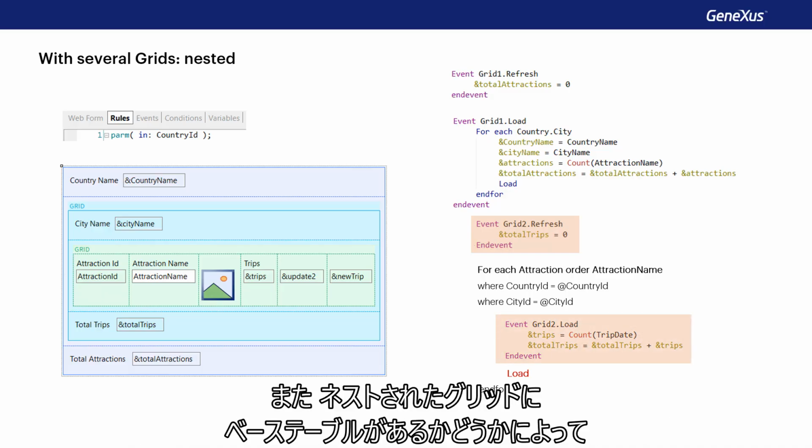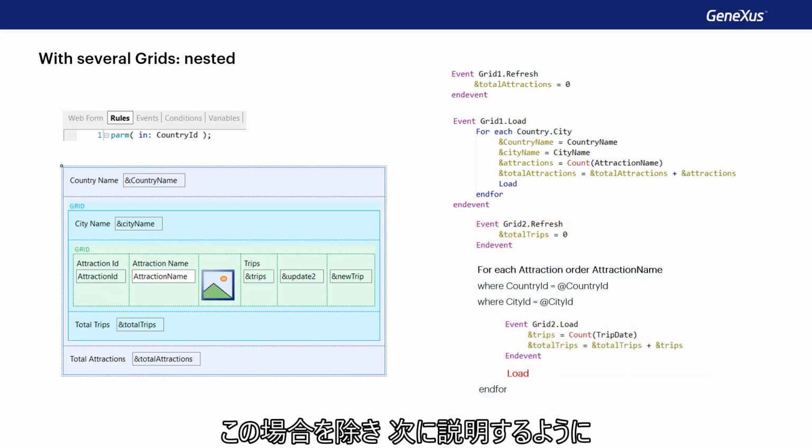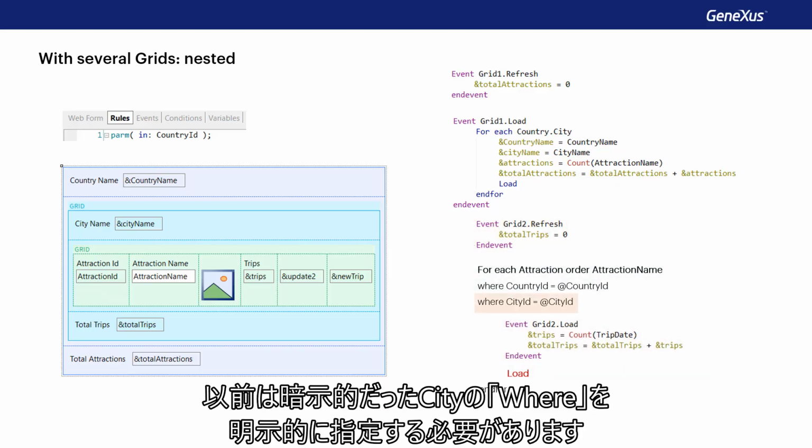And, depending again on whether the nested grid has base table or not, GeneXus will either establish an implicit for each and its load or not. Except in this case, you'll have to make explicit the where of cities, which was implicit before, as we'll see next.